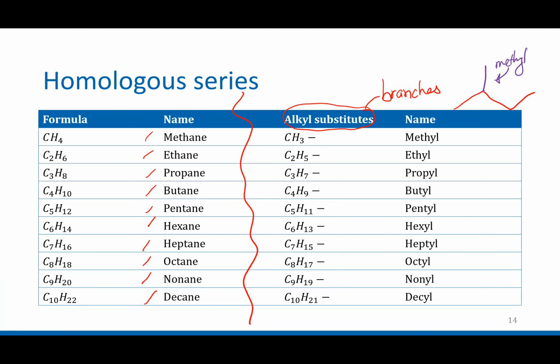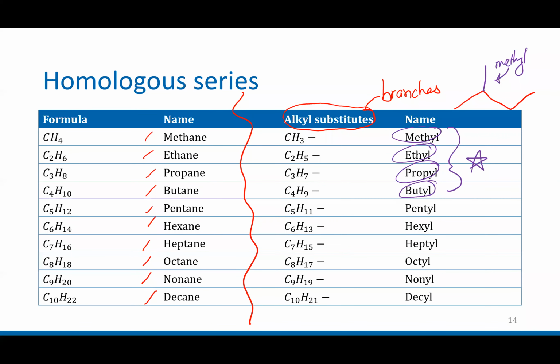So these are groups or branches on a long carbon chain. And honestly, between us, if you know these first 4, you'll probably get by with most things in this course.